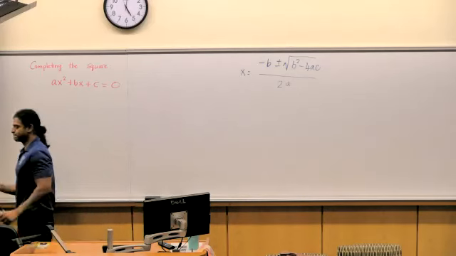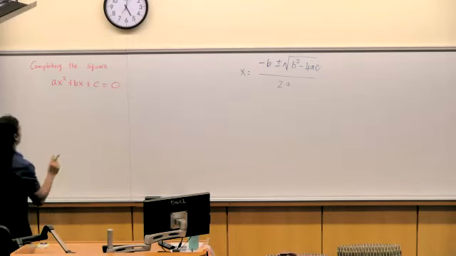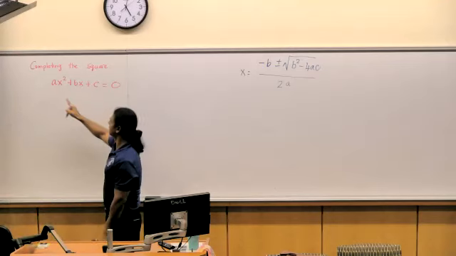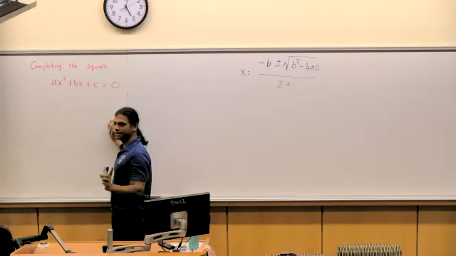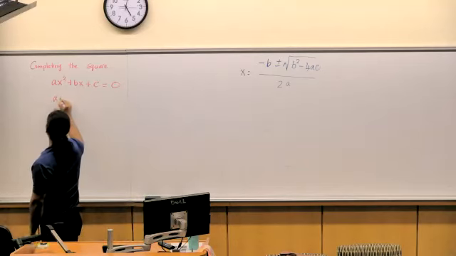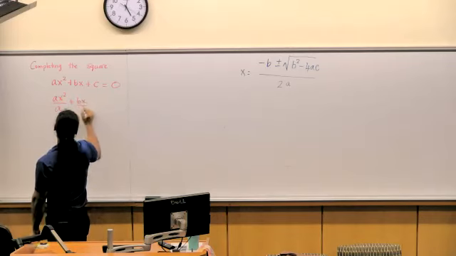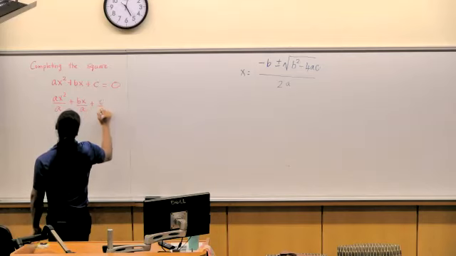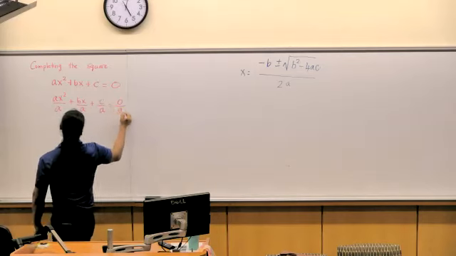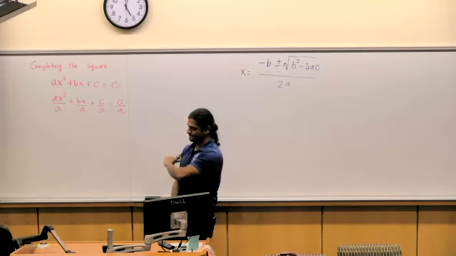In the homework and on the exam, you just have to know some of the key steps in completing the square. So, the very first step is to divide both sides by a. I've got to divide every single term by a.